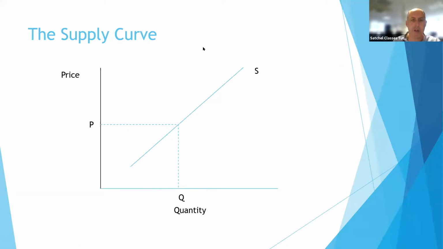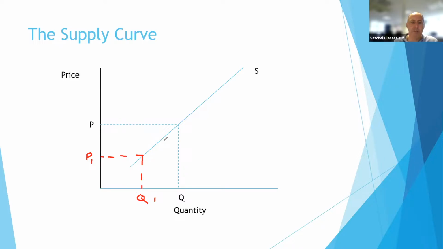So we could have a lower price down here, and there will be a producer that would quite happily supply the goods at that price, because they're very efficient at producing the goods. As the price rises, we get more and more suppliers who are willing to produce at that price.